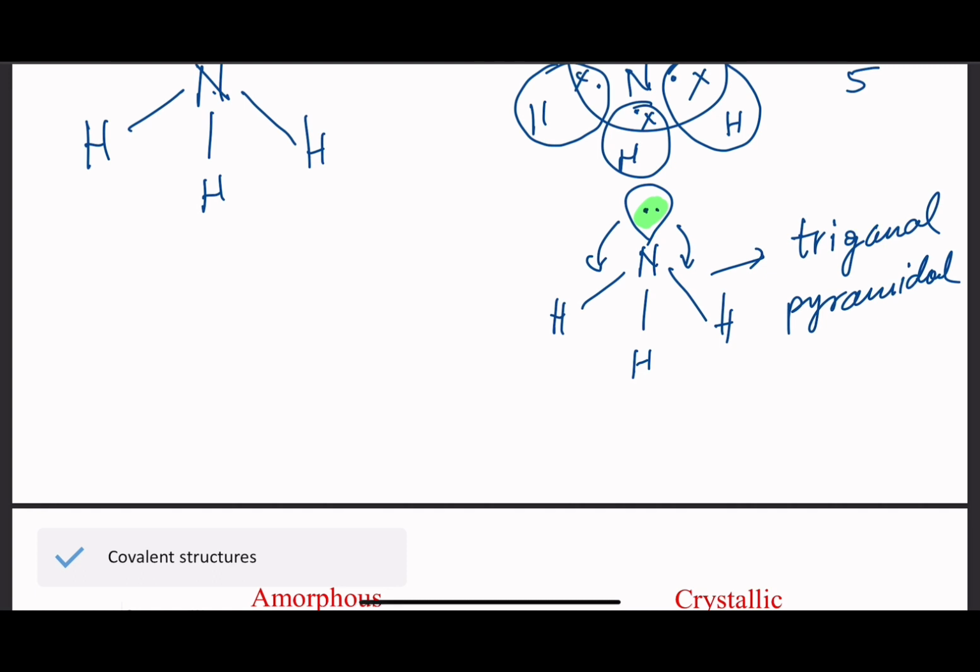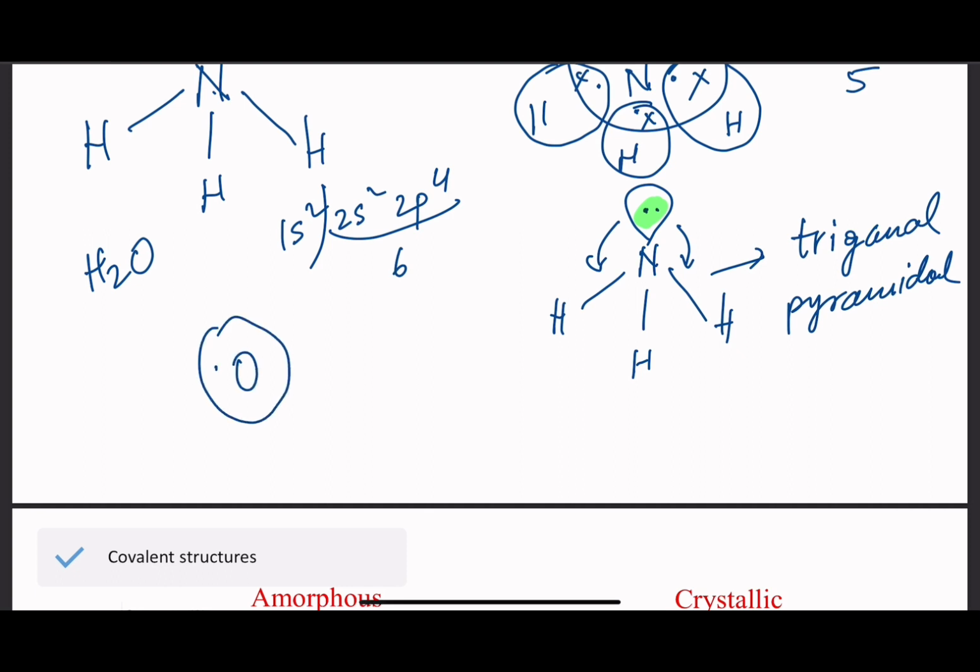And now I'm going to show you the water. So water, we have oxygen. It is 1s2, 2s2, 2p4, right? So we got 6 electrons in the last shell. So we write oxygen, and then we go 1, 2, 3, 4, 5, and 6. And then I bring 2 hydrogens with 1s, so hydrogen comes here, hydrogen comes here.